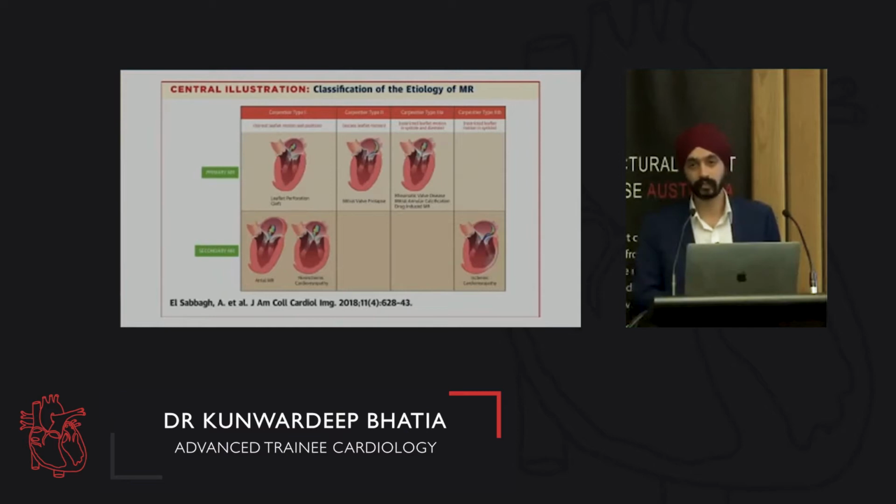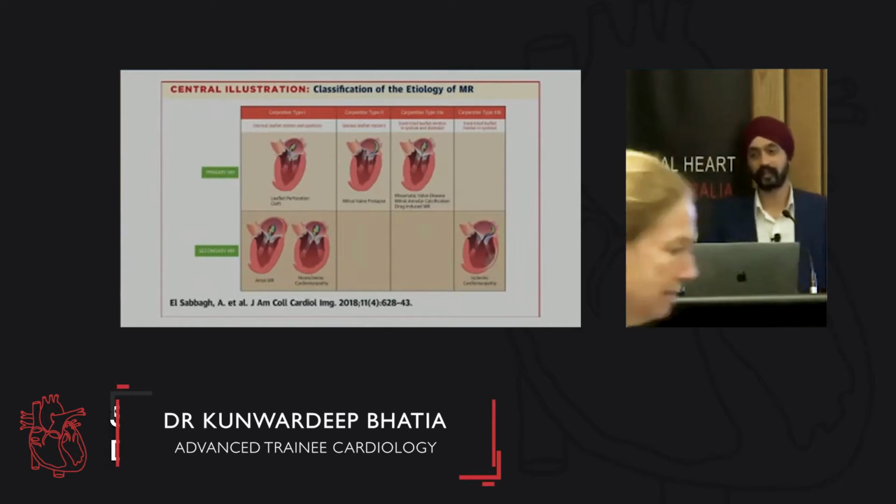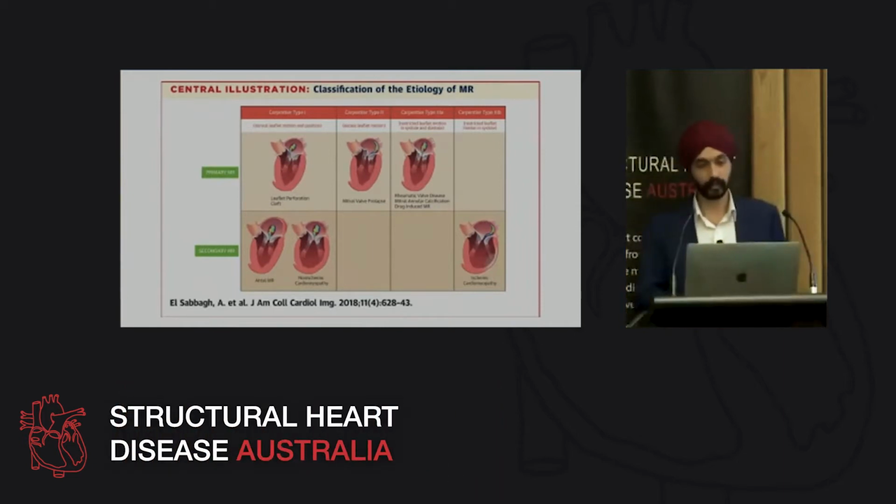With secondary mitral regurgitation, it's predominantly a problem of dilatation and remodeling of the left ventricle, with change in geometry. But to make it a bit more confusing, in secondary mitral regurgitation, we've also got this concept now of ventricular remodeling and also atrial functional regurgitation.